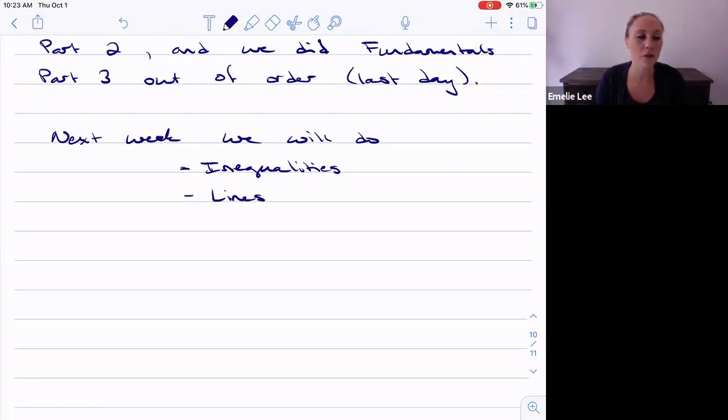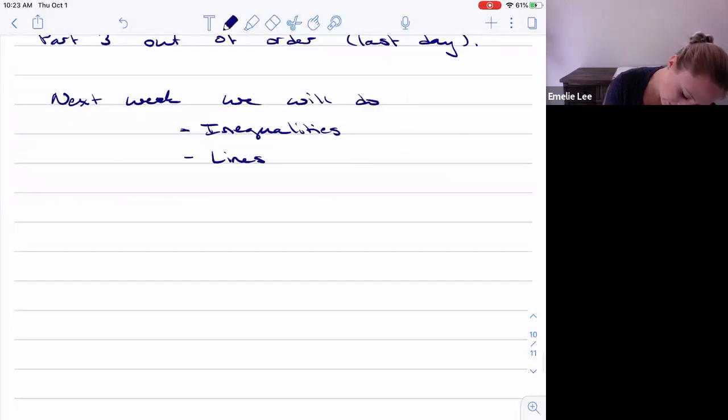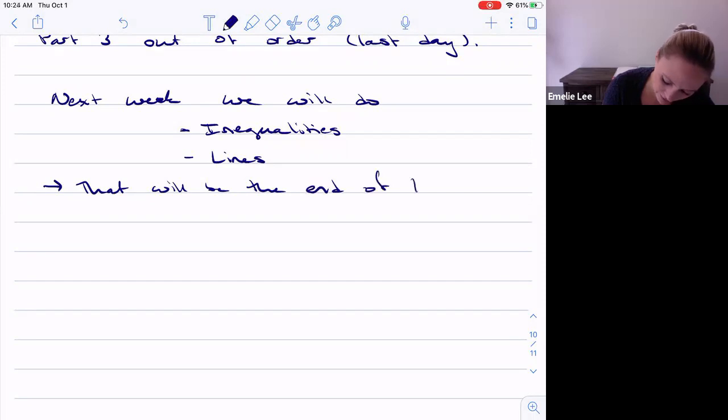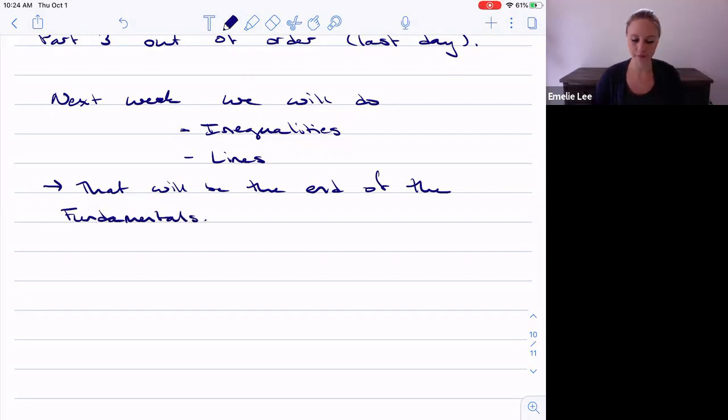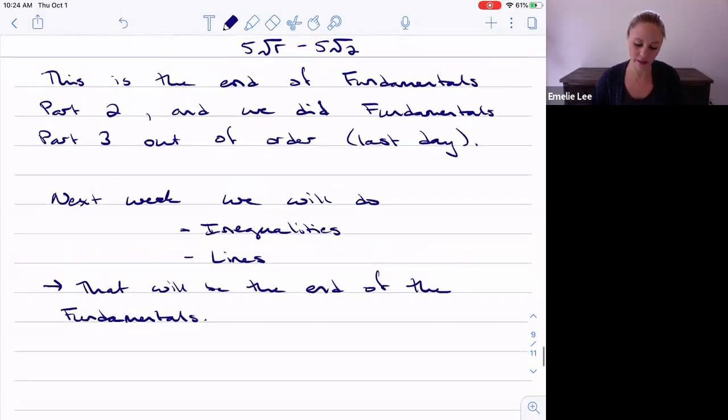How do you know if two things are parallel or perpendicular and all that kind of fun stuff? And then that will be the end of the fundamentals. Just so you know where you're headed.